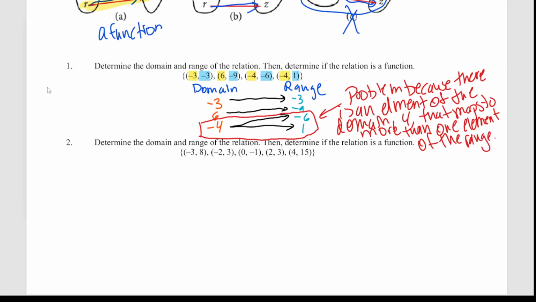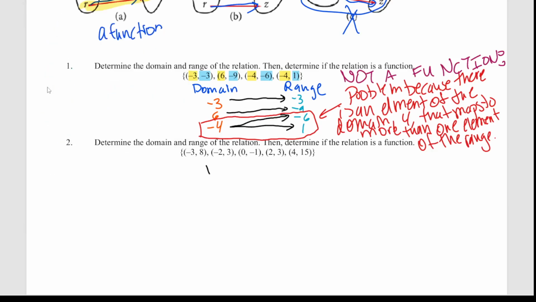This means it is ultimately not a function for exactly that reason that we just listed. Go ahead and try the same process with the next set of points. So list off the domain, list off the range, and then determine if the relation is a function.